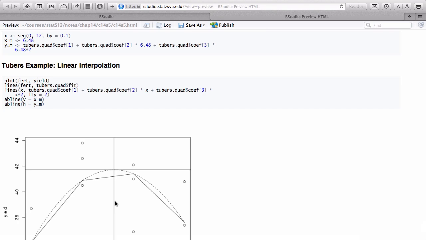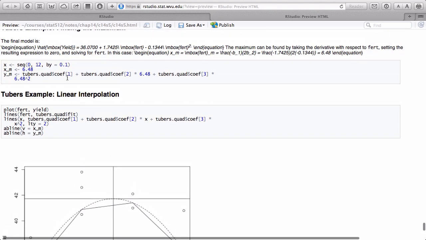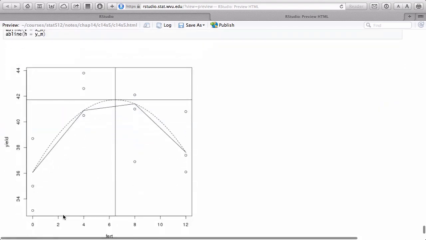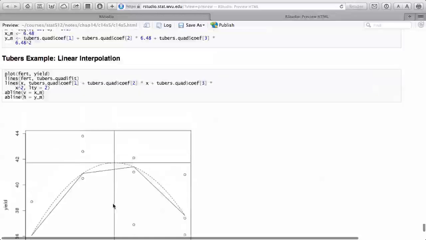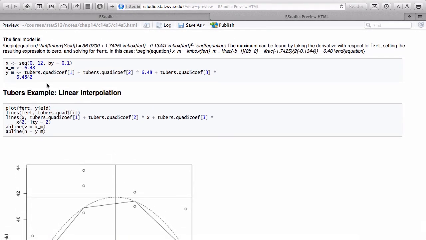In other words, that's a simple polynomial, and if you know any calculus, then you could easily take the derivative of that and set it equal to 0 and solve for x. And if you did that, you would find out that x is equal to 6.48. Okay. So we had measured it as 0, 4, 8, and 12, but the maximum is actually about 6.5.